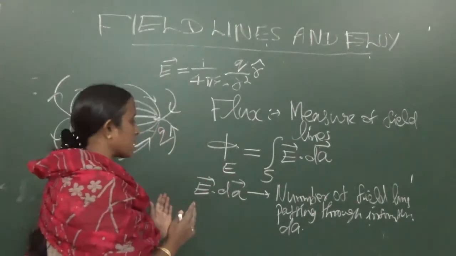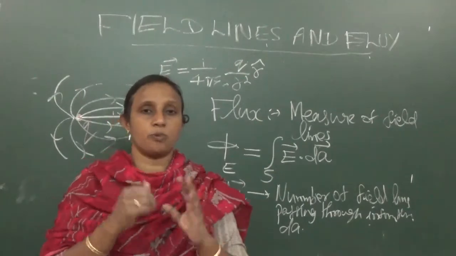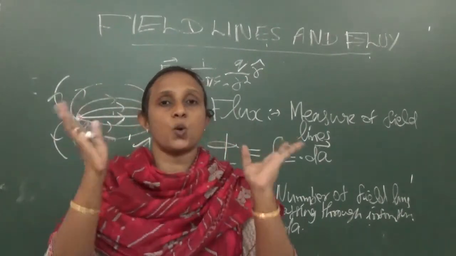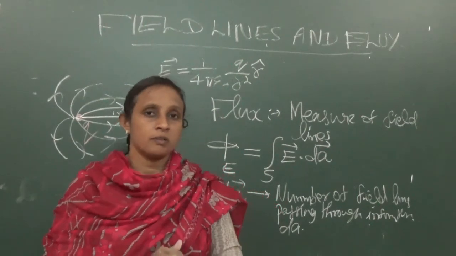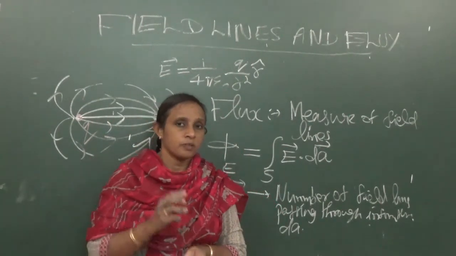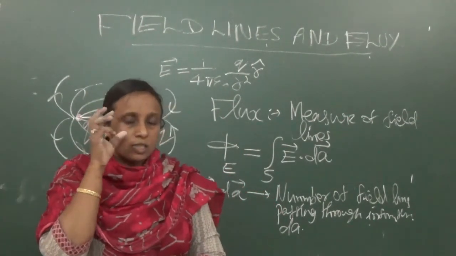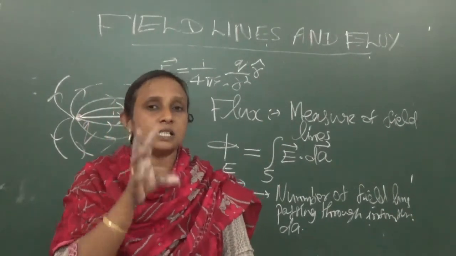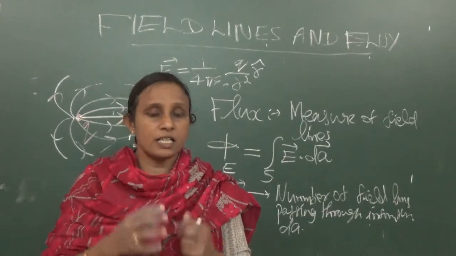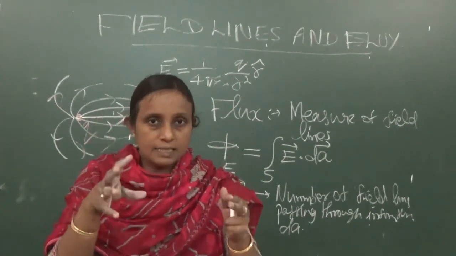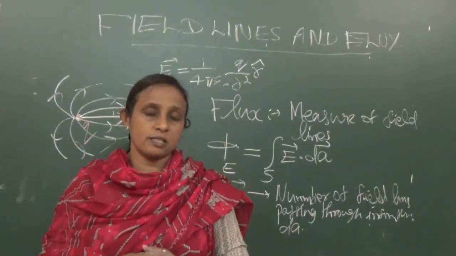Now we can extend this concept a bit more. Now consider a closed surface. Then what happens? There are field lines from the charges inside the surface.